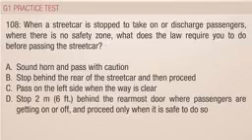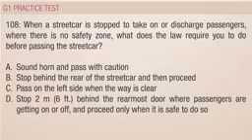Question 108. When a streetcar is stopped to take on or discharge passengers, where there is no safety zone, what does the law require you to do before passing the streetcar? A. Sound horn and pass with caution. B. Stop behind the rear of the streetcar and then proceed. C. Pass on the left side when the way is clear.